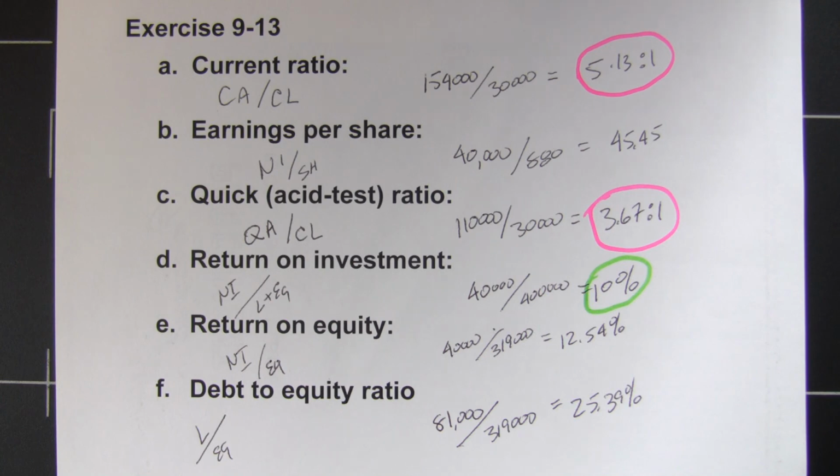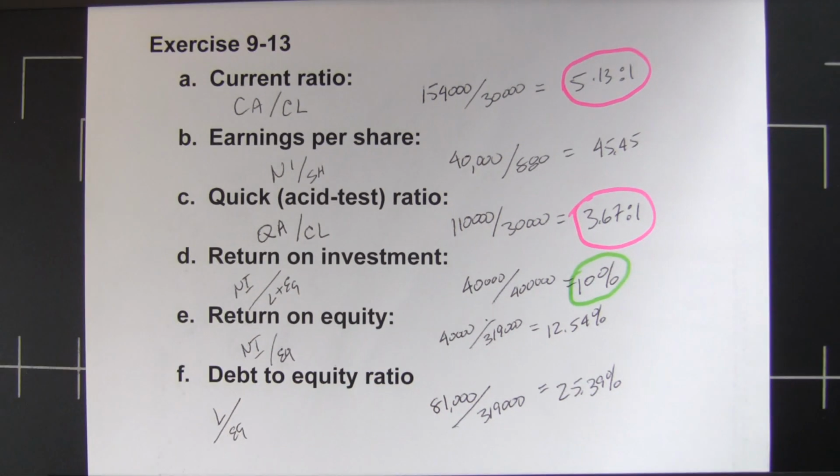I'm not asking you to become finance majors and memorize all this stuff. I don't have a lot of it memorized. I can do it because I've been doing it probably longer than most of you have been breathing. But the important thing is to know where to get the information, and once you get it, what does it mean?